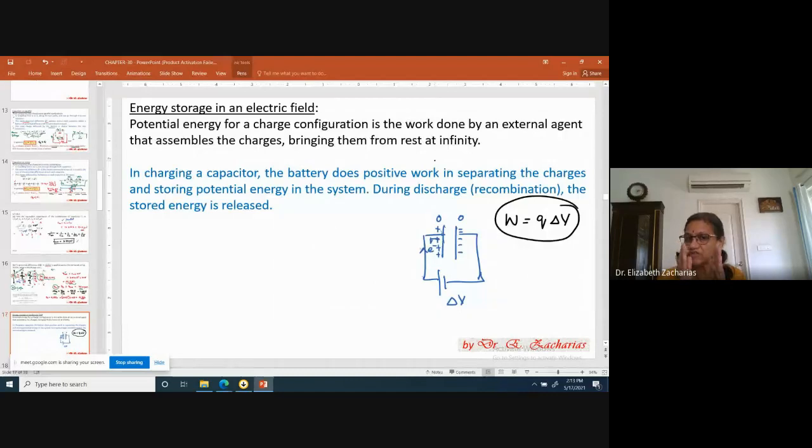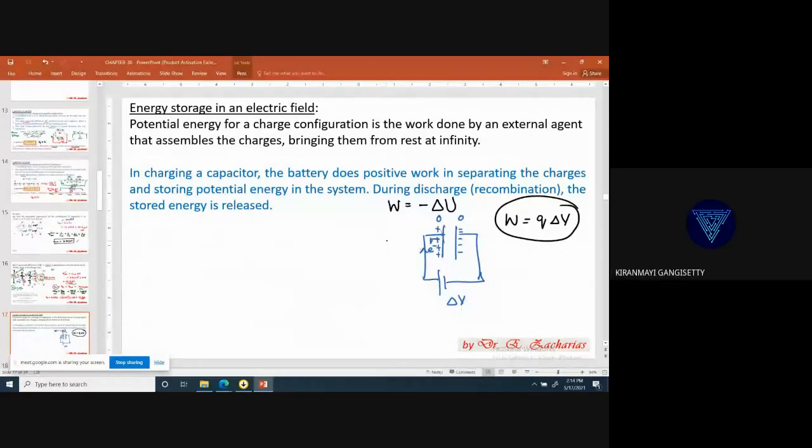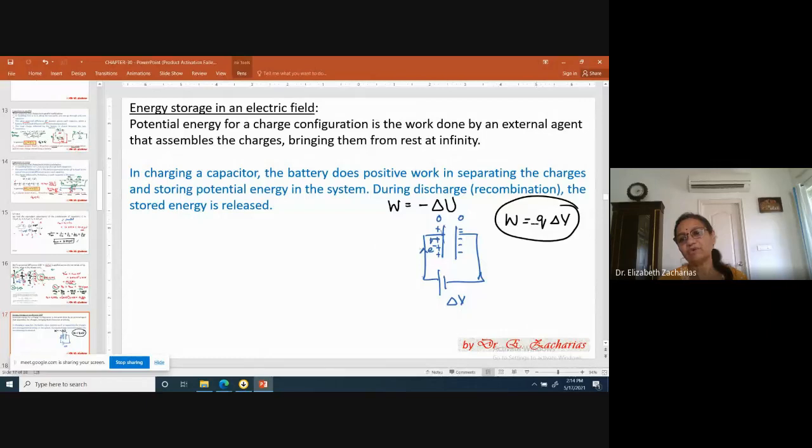Potential difference is related to potential energy. Yes or no? Potential difference and potential energy are related. You remember this? Right. Actually, you have to put a minus here.